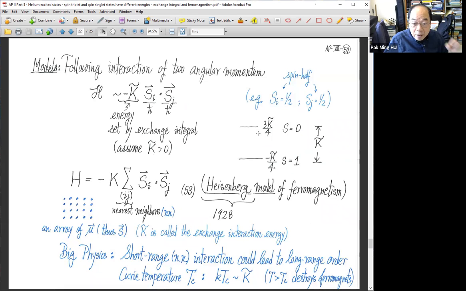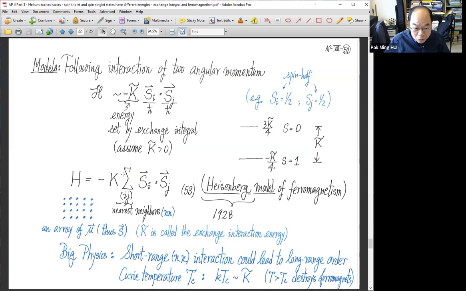Now, in a piece of ferromagnetic material, we don't have only 2 electrons. We have an array of spins, or an array of atoms. Each has some net spin on it. Therefore, ferromagnetic models will have to sum up this kind of term in an array.